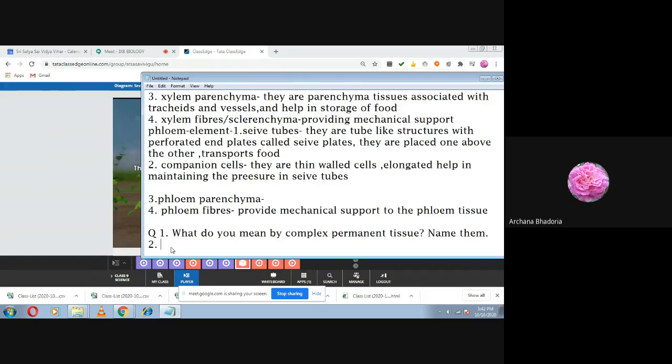Okay. Now, second question, you write down. Describe the structure of xylem tissue with a diagram.